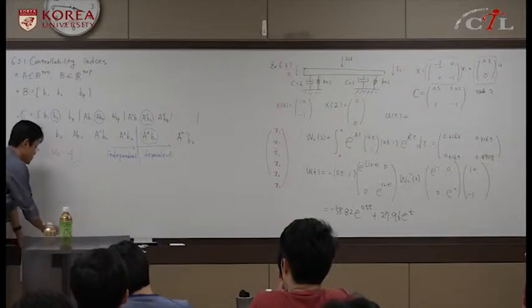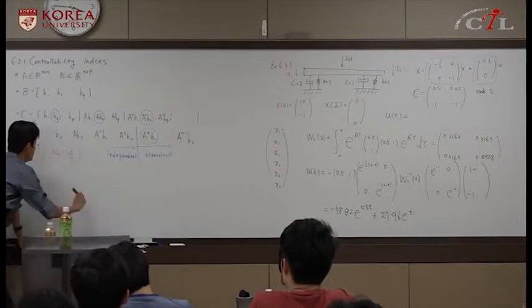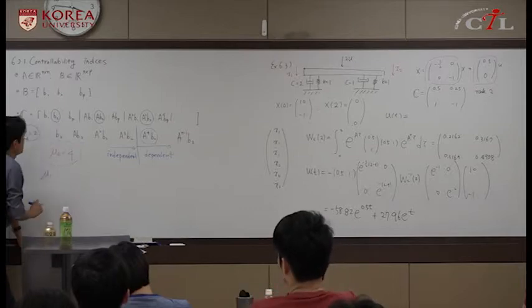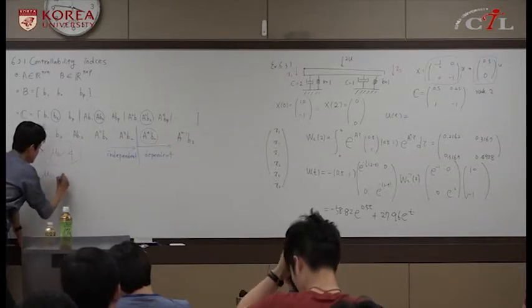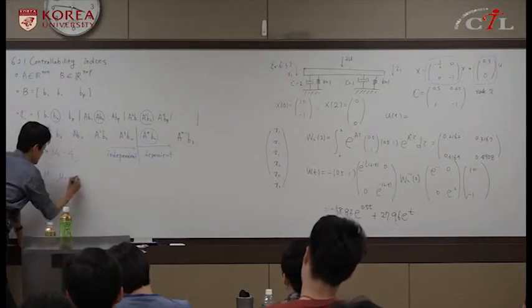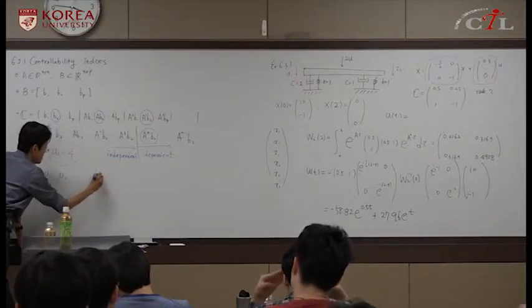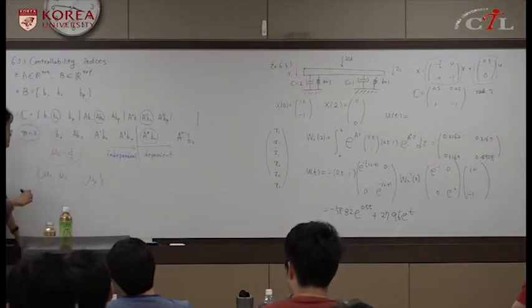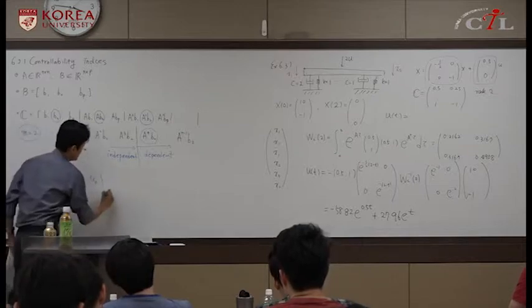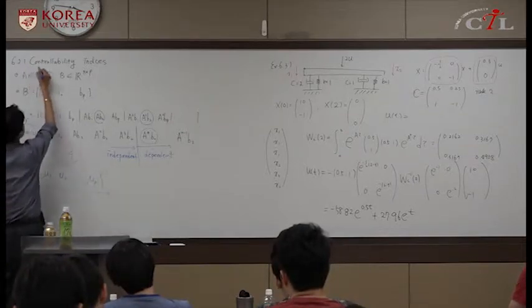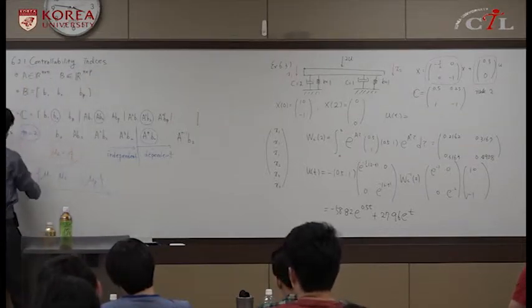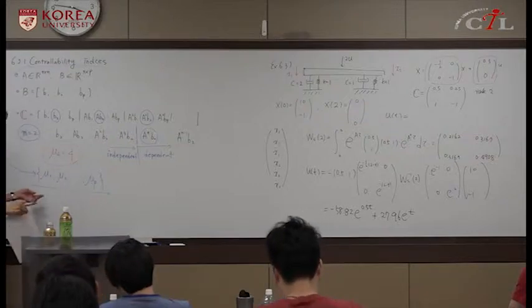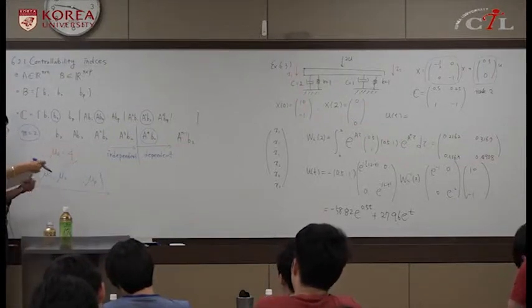In this way, we calculate mu 1 for the first column, mu 2 for the second column, and mu p for the last column. If I write it as a set, then this is the controllability indices.